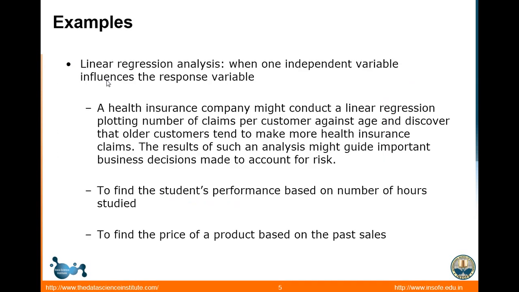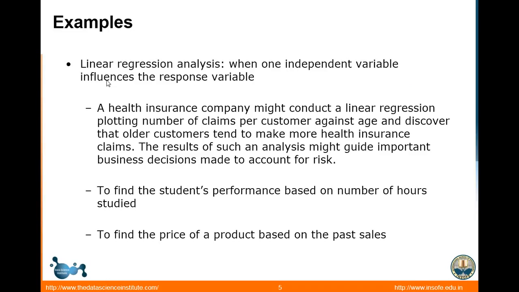Let us take a look at a few more examples. Here what I want to explain is about two terms. One is linear regression analysis, the first one, where we have one independent variable that influences the dependent variable.